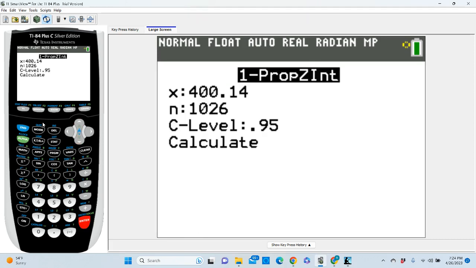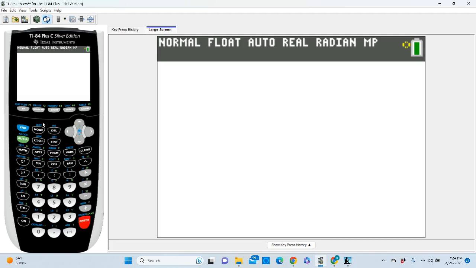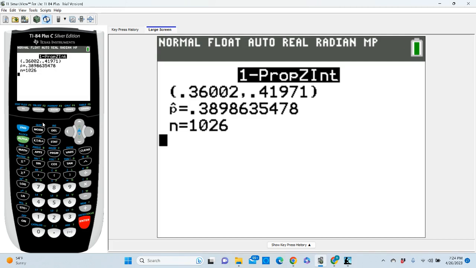Okay. All right, maybe they don't accept decimals in here as a count. So what if I just put in 400? Would that fix the problem? Although that's not really what I want, because now I'm not fully accurate. Okay, so it does give it to me now. So let's just see, look how they calculated p hat is 0.389. That's not the 0.39 that I actually want to start with.